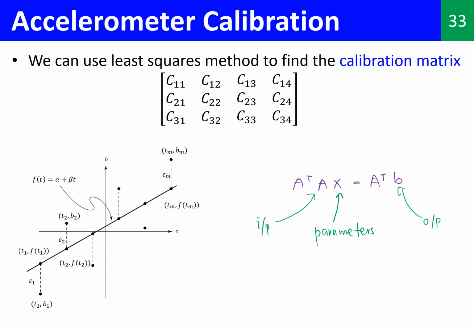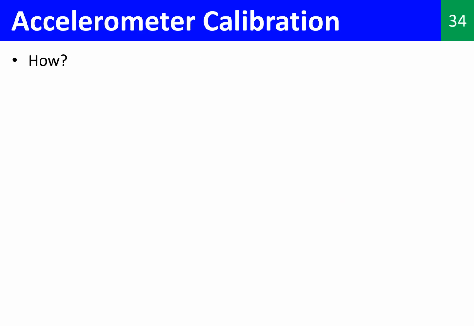The least squares solution should give us the entries in the calibration matrix, C11, C12 up to C34, and that should be our plan. All right, so how can we do that? Any thoughts?